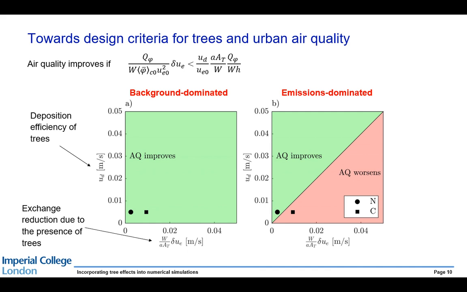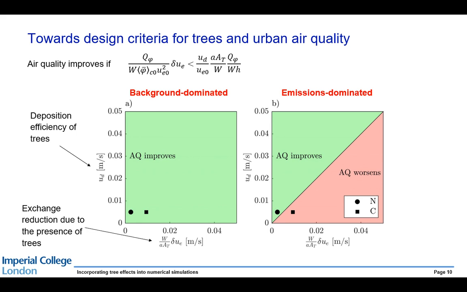So there's actually a constraint on the relationship between this delta UV, which is the gradient of the exchange velocity with respect to the leaf area index, against the deposition velocity.